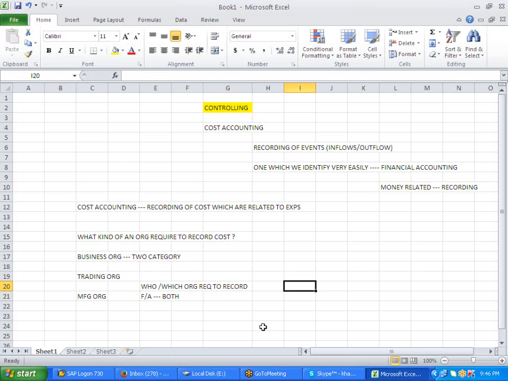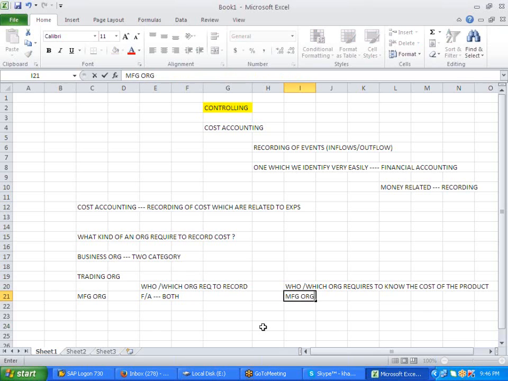Now, I'll say one more thing. Which organization requires to know the cost of the product? Manufacturing. Correct, manufacturing organization.